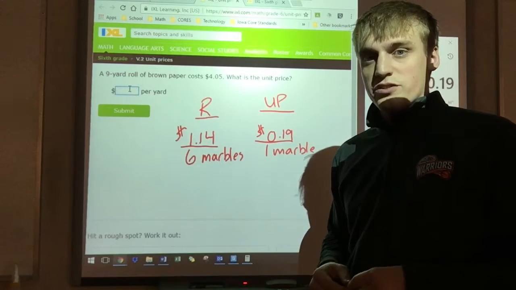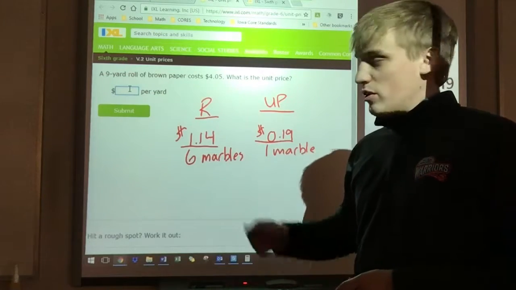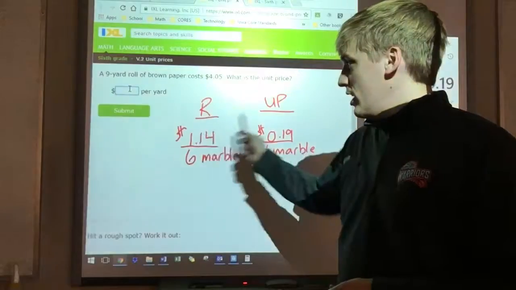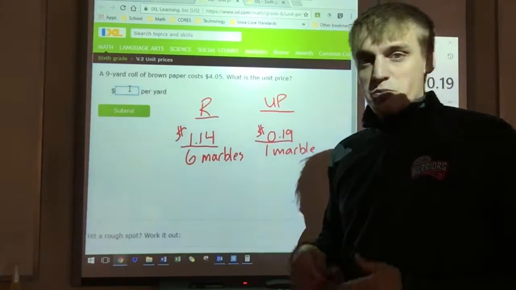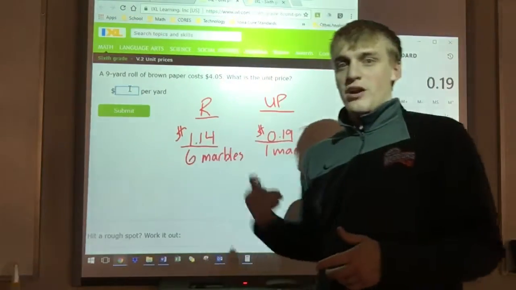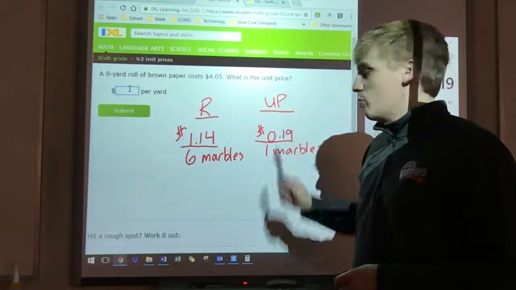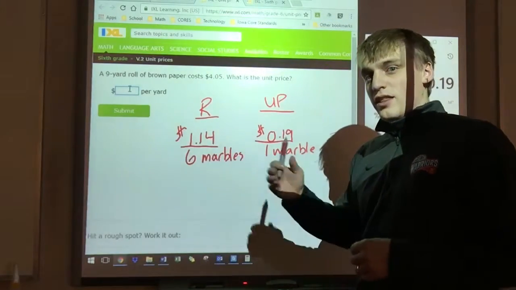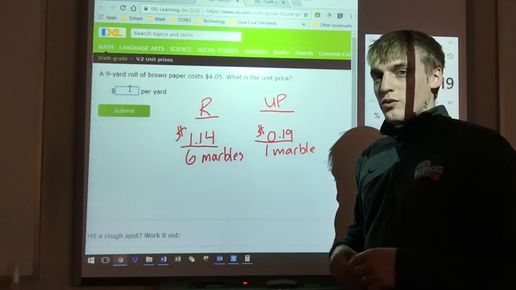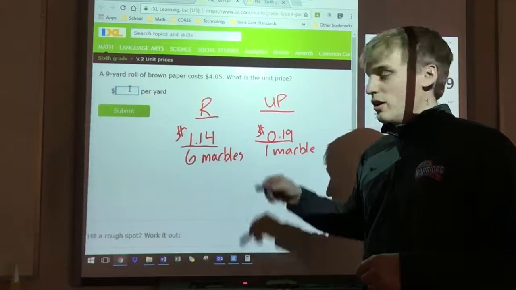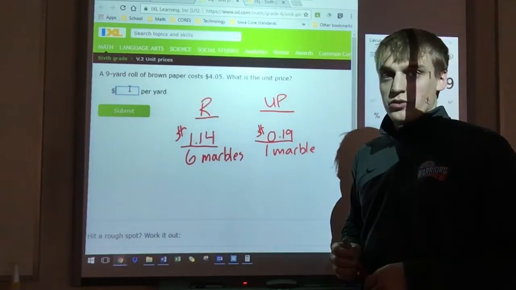But make sure your questions get answered, okay? For this one though, make sure that you write the rate and the unit rate for each one, especially when you get to the end when you're comparing which one's cheaper, okay? Whatever one has the cheaper unit price, okay, that's the answer that they're gonna want, or depending on what it asks, but the unit price is going to help you a lot.